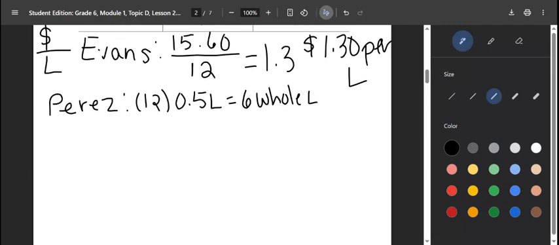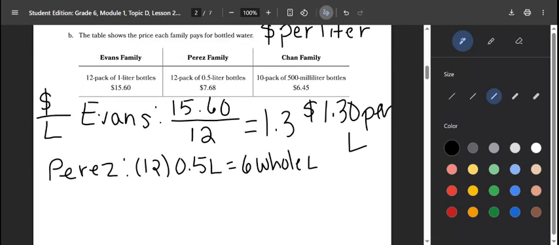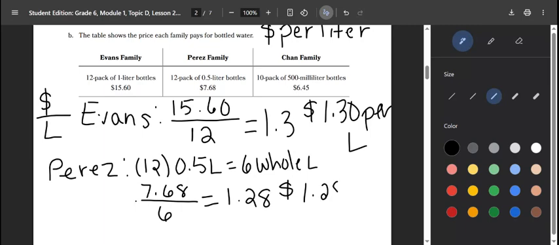So that's 6 liters. So $7.68 for 6 liters. Money on top. So $7.68 divided by 6 liters. If you do that in a calculator, that comes out to be 1.28. So the Perez family pays $1.28 per liter.